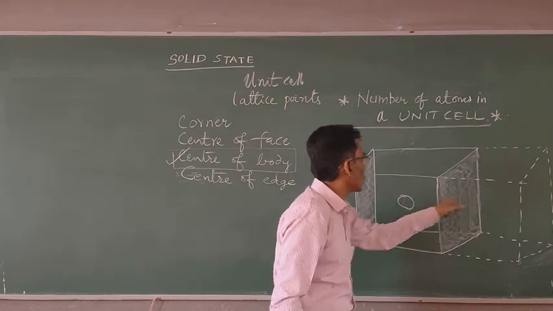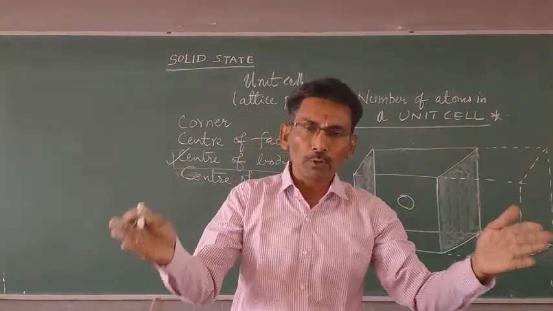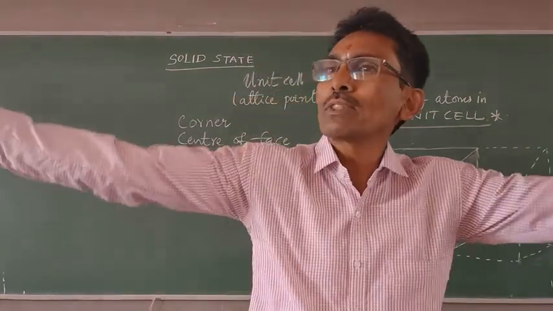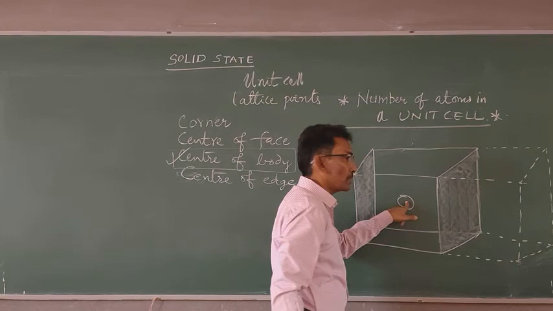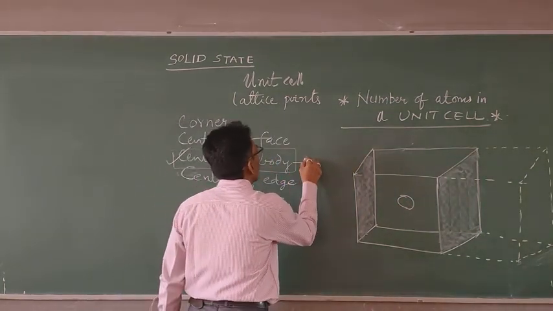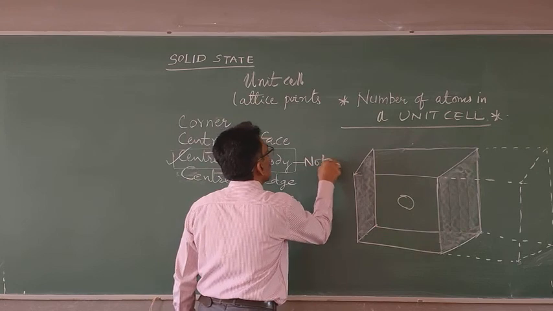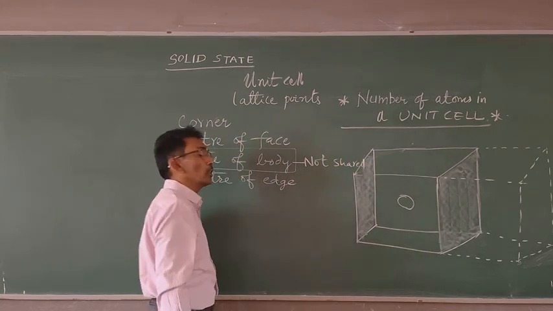Therefore, this particle is not belonging to any one of the neighboring unit cells, just like your room is associated with some other rooms in your house. So like that, this particle is not shared by any other unit cells. Not shared. It cannot be shared by any other unit cells.